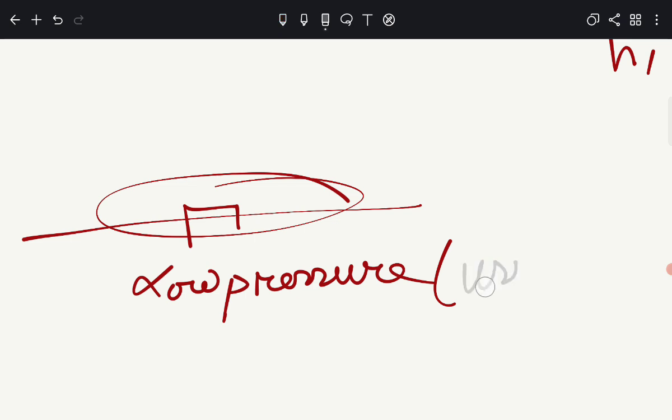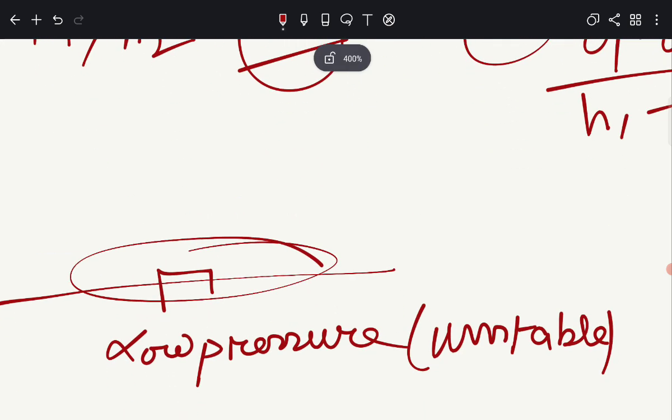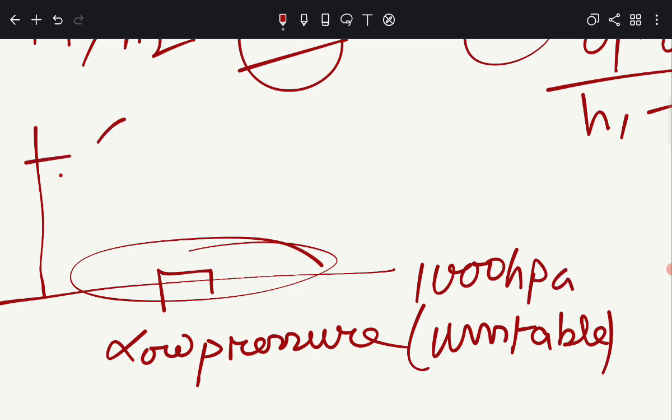If we try to understand this mathematically from that formula, that will be easier for us. Suppose this is 1000 hectopascal and this is 600 hectopascal or something like that. So low pressure is below and high pressure is up.